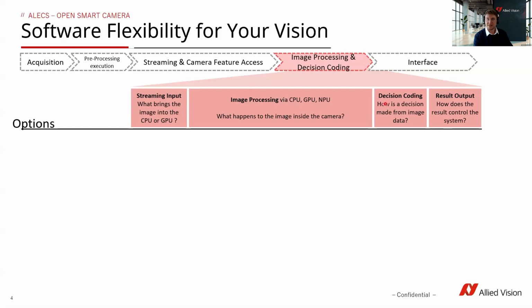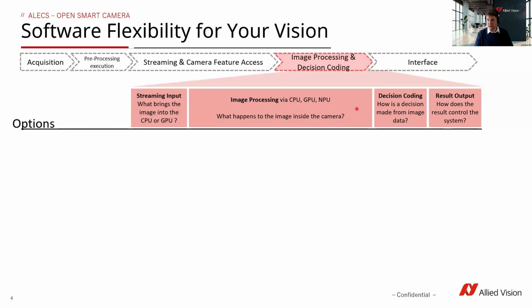Then the big part is what should happen with the captured images. There should be a kind of image processing, not the pre-processing, really the processing, which should happen on the CPU, GPU, or the NPU, which is the neural processing unit, for sure. There you can run AI algorithms on it. But the question is really what happens to the image inside the camera?